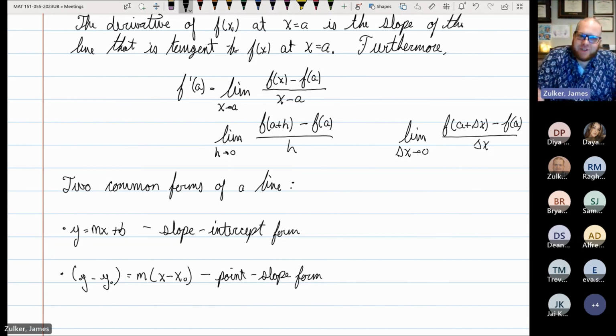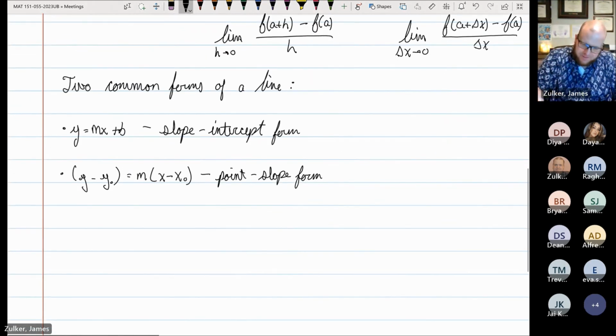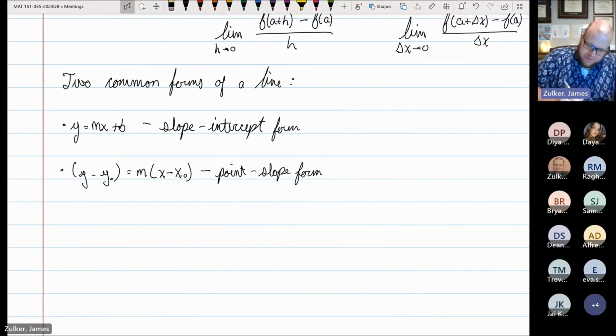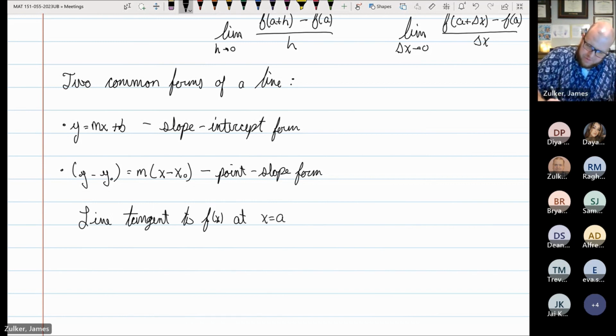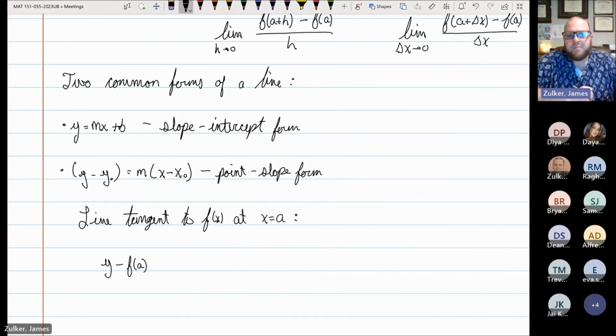So when looking at a tangent line, start with point-slope form.